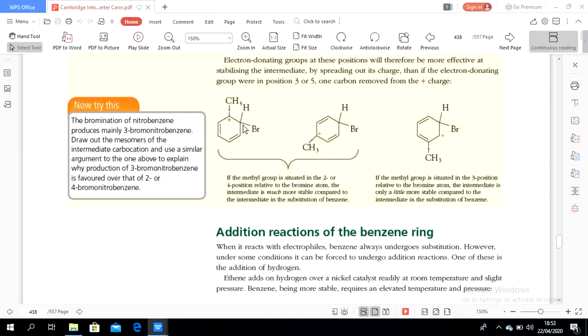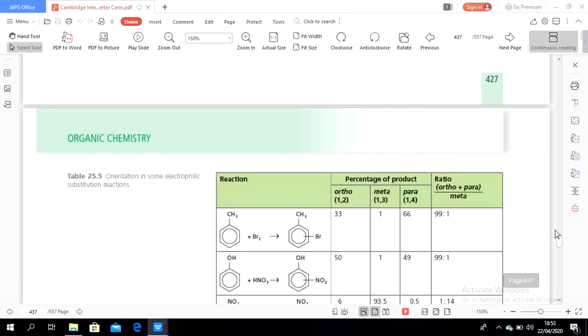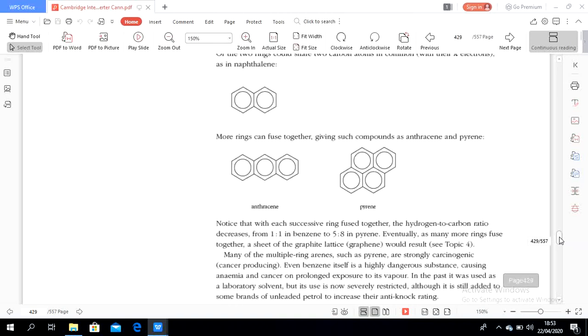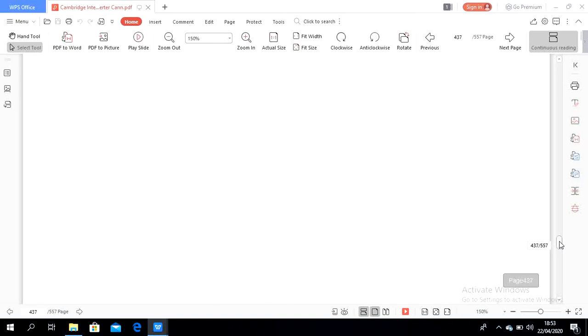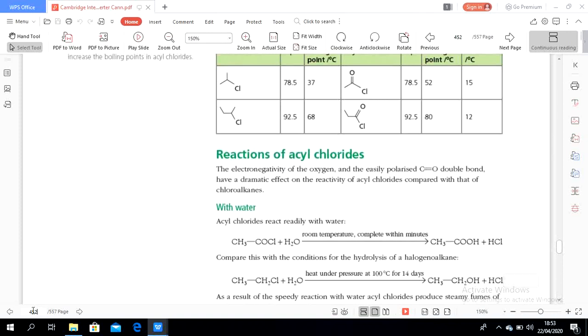So in here, if the methyl group is situated in position 2 or 4 relative to the bromine atom, the intermediate is much more stable compared to the intermediate in the substitution of benzene. This theory is consistent with the previous one, the previous one on page 436.